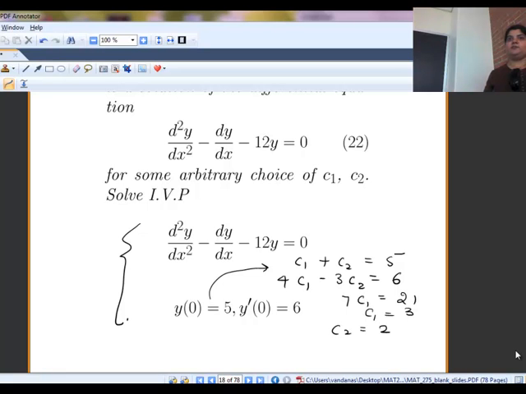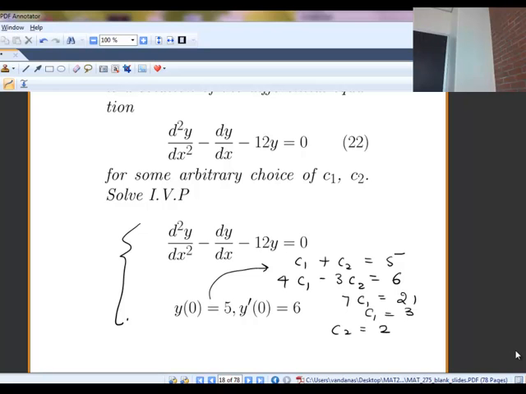Lambda squared e to the lambda x, everybody agree with that? So I'm telling you the connection between this problem and the problem here.